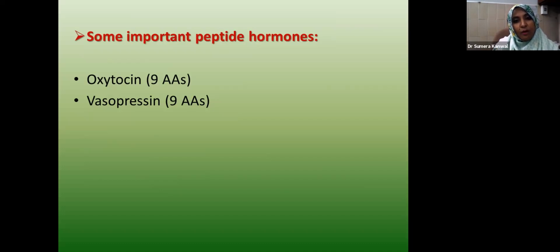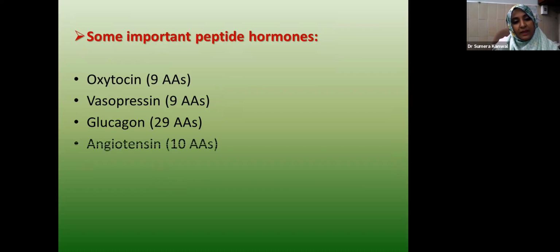Vasopressin is involved in the reabsorption of water. Glucagon is secreted from the pancreas, 29 amino acids. Angiotensin, 10 amino acids. Somatostatin, 14 amino acids. These are some short peptides that are hormone in nature.